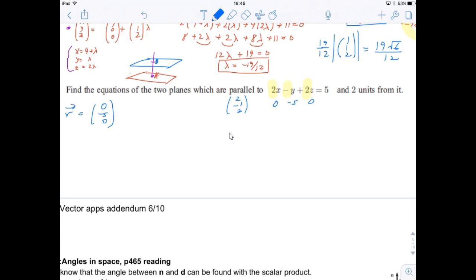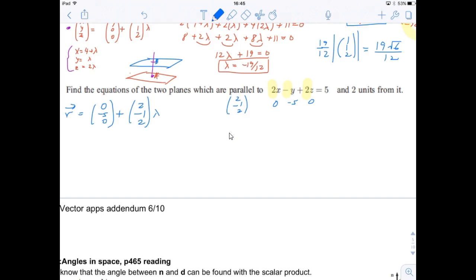Okay, and this line is kind of like the normal line to this plane. And of course the normal vector is 2, negative 1, 2. Okay. So the question is, when is a point on this vector exactly 2 units from 0, negative 5, 0?